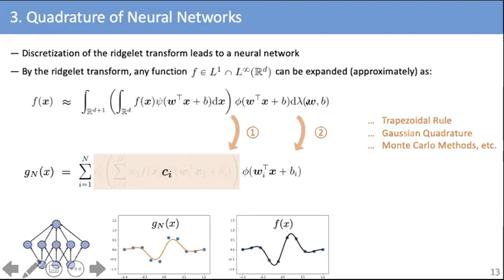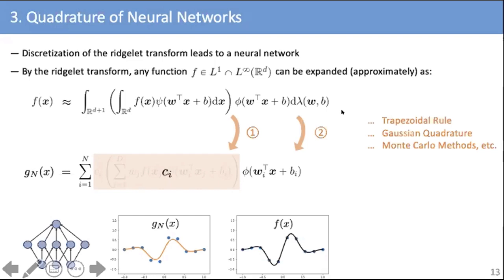So we want to place a finite measure for lambda here, and if this finite measure lambda is close to the Lebesgue measure, this equation is also close to the original function f. This is the meaning of the approximation.